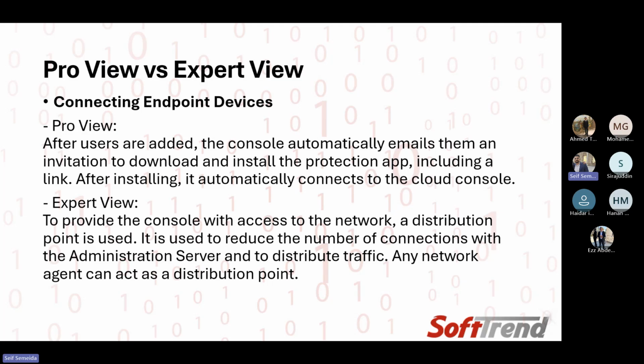As we mentioned, it's used to reduce any extra number of connections that may harm your bandwidth, and the distribution point will be used to distribute traffic. Basically, any device that contains an agent, whether a workstation or a Windows server, can act as a distribution point in the network.